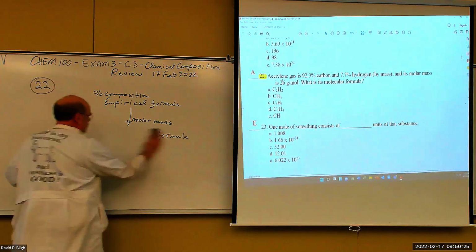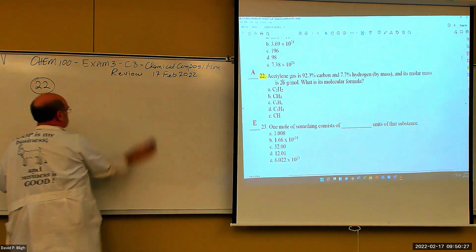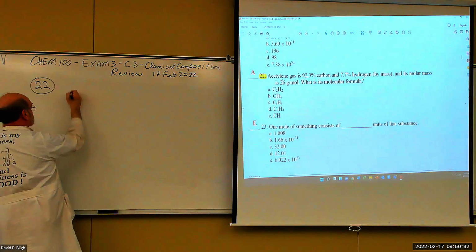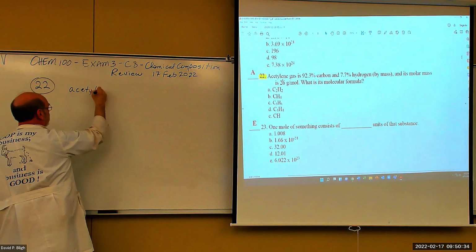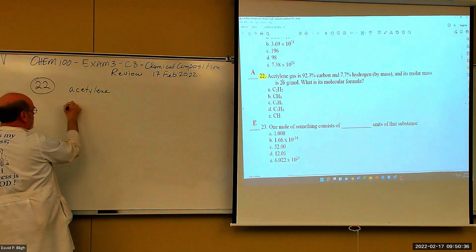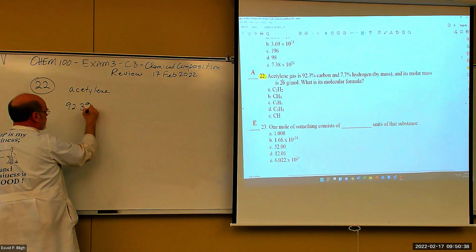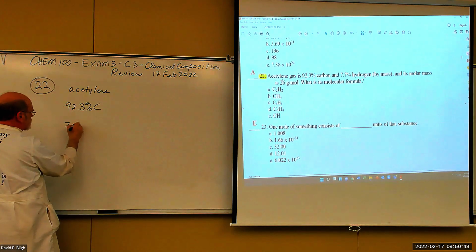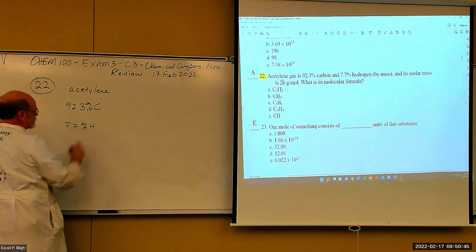Okay, so let's put what we know on the board. 92.3% carbon and 7.7% hydrogen.